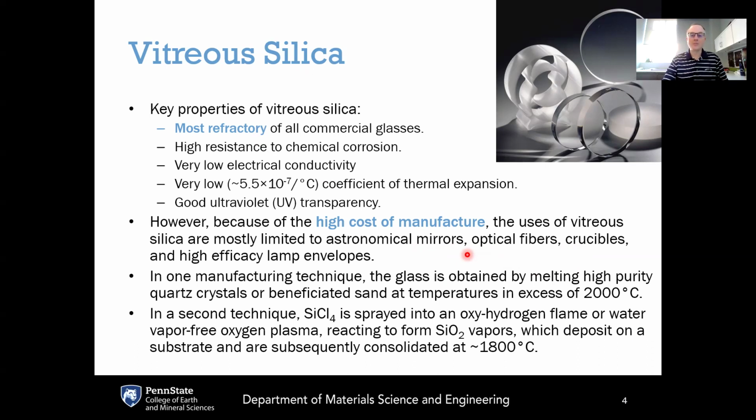Most vitreous silica nowadays is not made by melting quartz. Rather, it is made by a chemical process where silicon tetrachloride, SiCl4, is reacted with oxygen gas in order to form silica vapors that get deposited onto a preform, and then they get consolidated into a solid piece of vitreous silica.